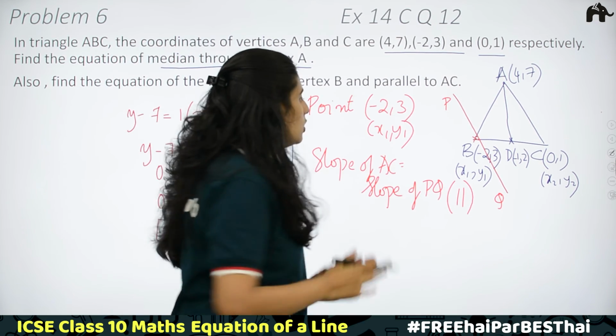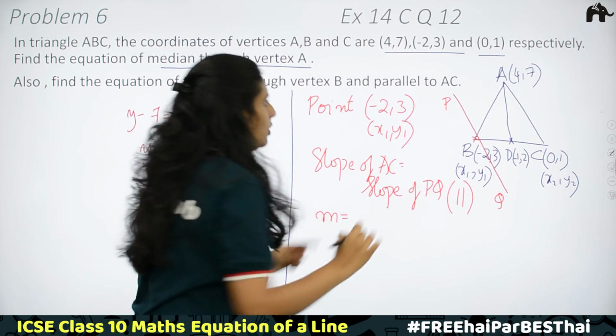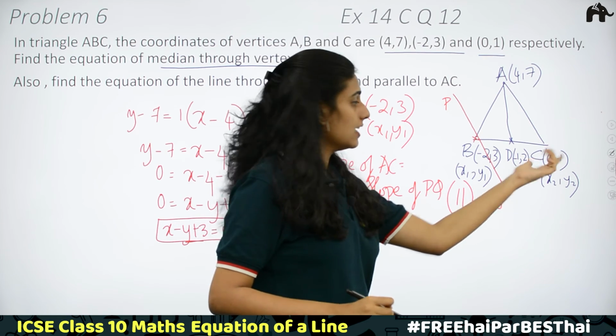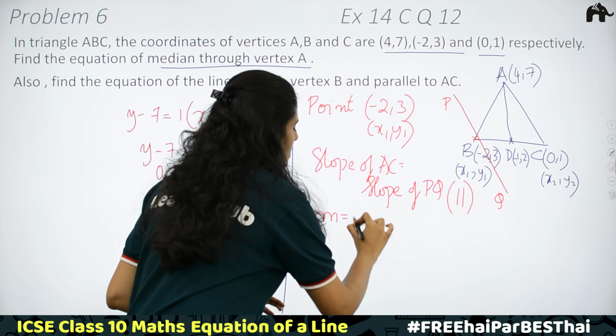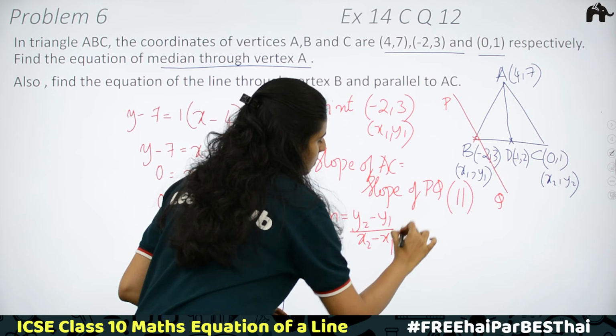Now, how to find the slope of AC? That is very easy, right? m is equal to, we'll take the point A as x1, y1 and the point C as x2, y2. So, m is equal to y2 minus y1 divided by x2 minus x1. Put the values.